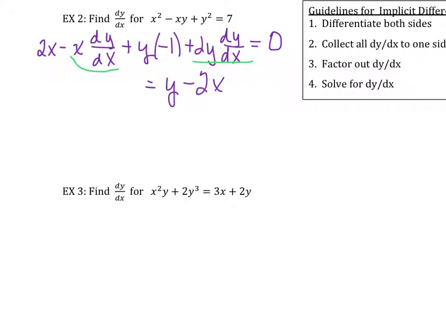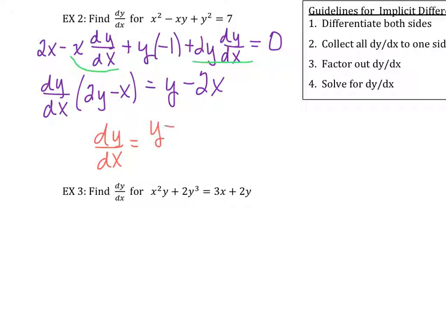And then when you look at what you have underlined, they both have a dy/dx, so you can factor a dy/dx out. I like to put my positive one first, so 2y minus x. And then I can divide to get my final answer. So dy/dx is equal to (y minus 2x) over (2y minus x).